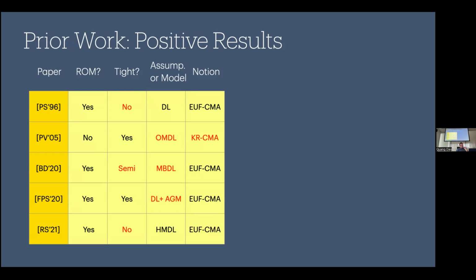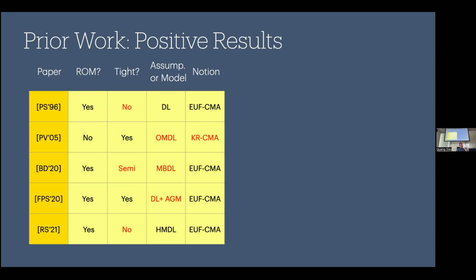So let me talk about some prior results that I'm aware of. So here are some papers. This problem is not new. It has been studied in a sequence of works. The first paper was Pointcheval and Stern. They showed in the ROM a non-tight reduction, as we saw. They assumed DL, right?